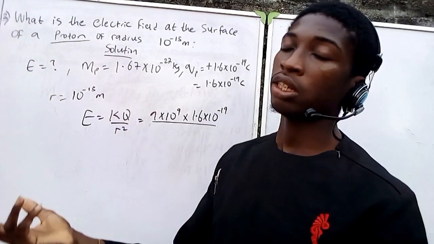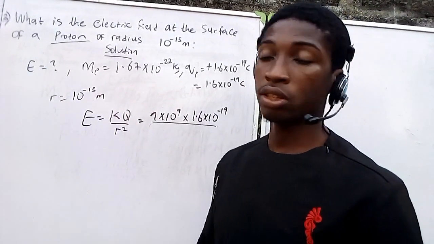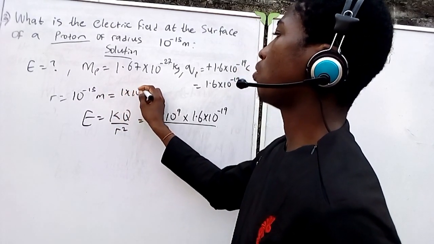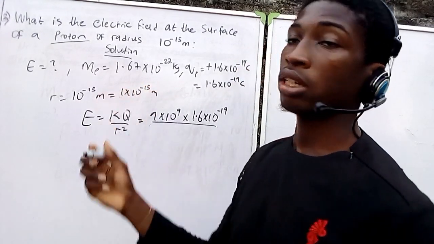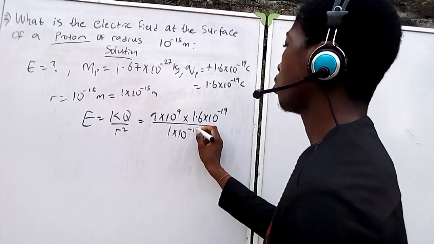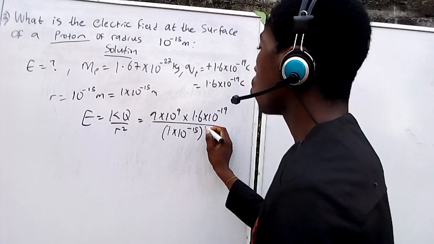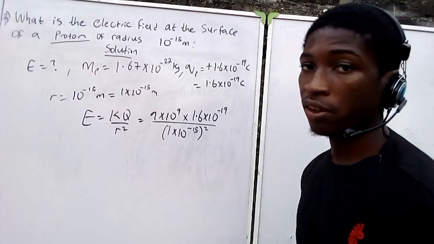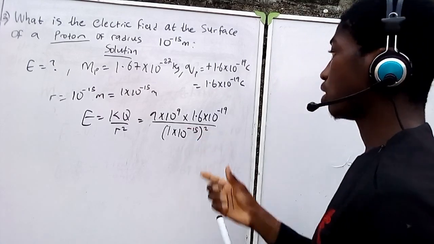You can write that down on the calculator like that, or you can express it as 1 times 10 to the power of negative 15 meter. They're the same thing. Let's write 1 times 10 to the power of negative 15, all squared. Make use of brackets, they're very important. Look at this very well.